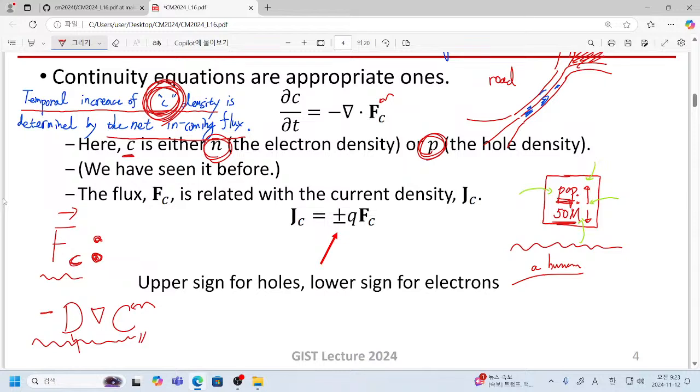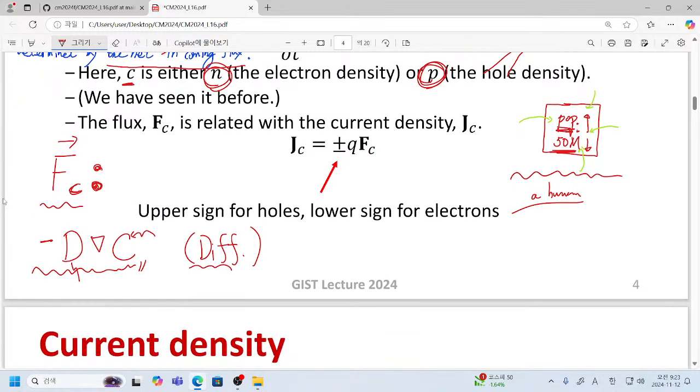This one contains only the diffusion component. So you think that, okay, the movement of our dopants is primarily determined by the diffusion mechanism. So that was our assumption.